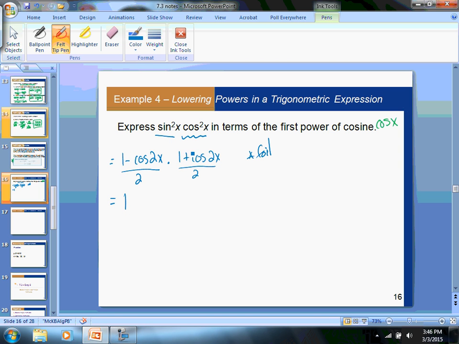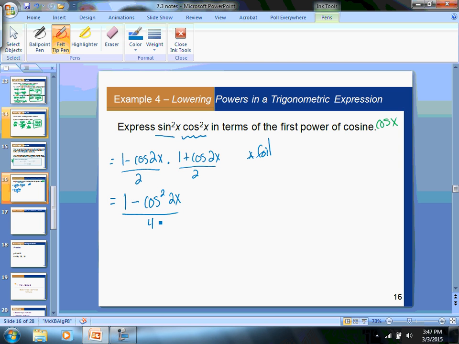Then I'll have plus cosine 2x, and then I'll have a minus cosine 2x, so they're going to cancel. And then I'll have a minus cosine squared 2x, because I'll have a cosine 2x times a cosine 2x. So that's cosine squared 2x all over 4.